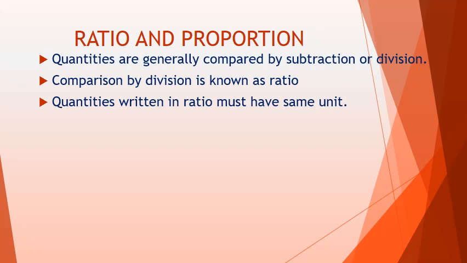While comparing two quantities by ratio, the unit must be the same. Otherwise, first step is you have to make both quantities in the same unit, then find the ratio. And ratio has no unit.